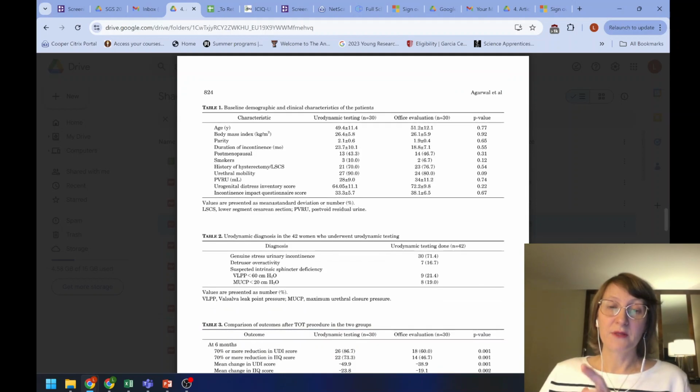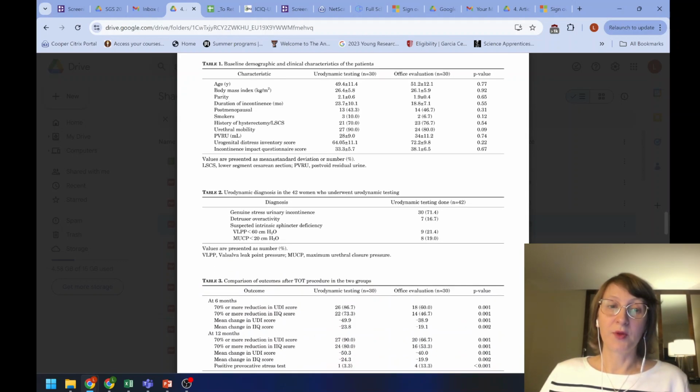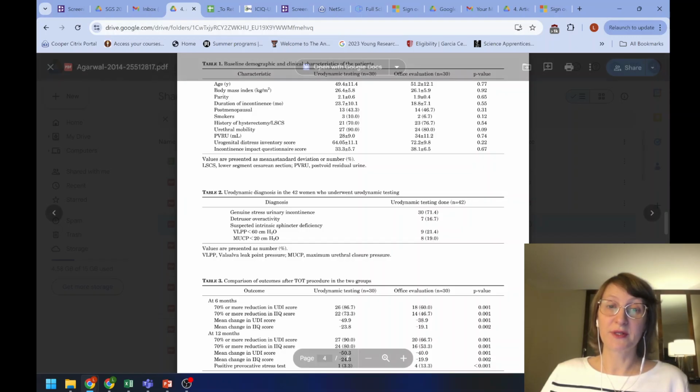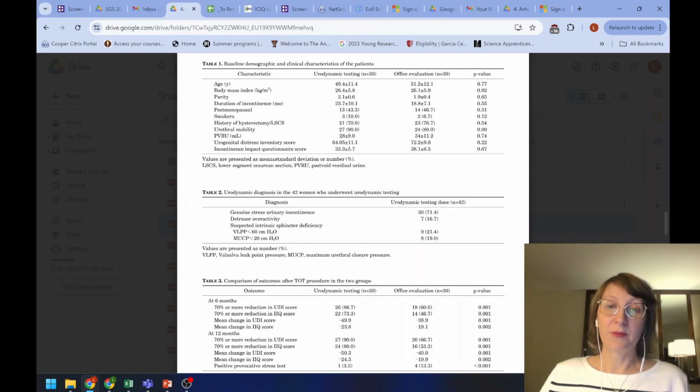However, this particular study used the urodynamic criteria, and there is a collection on detrusor overactivity. So it's not a lot. It's 7 patients, but you can use that as a definition of your MUI population.